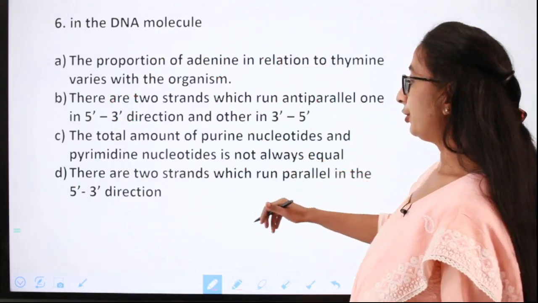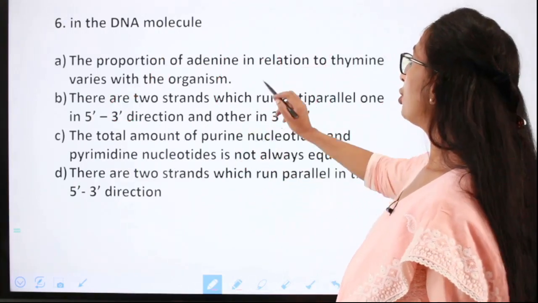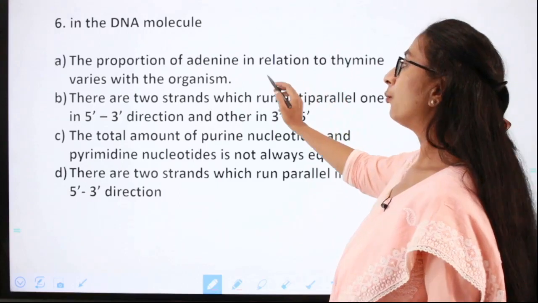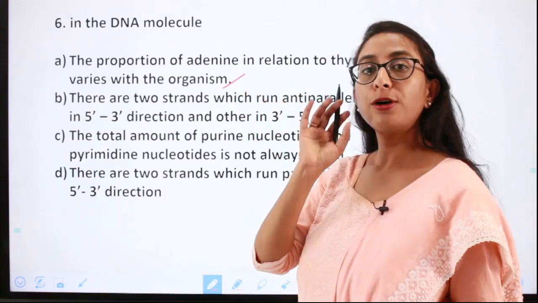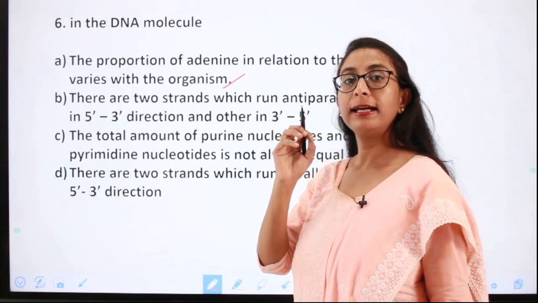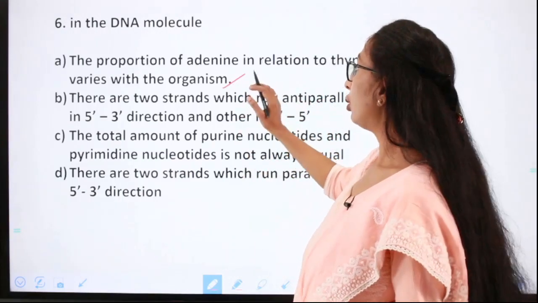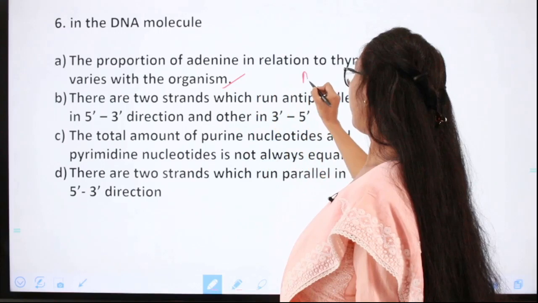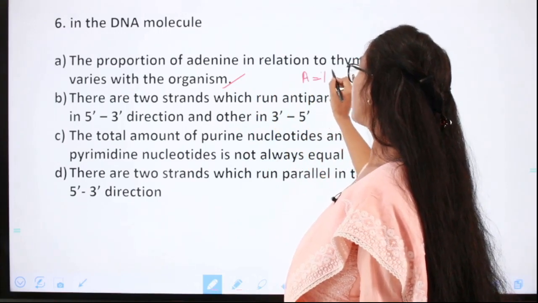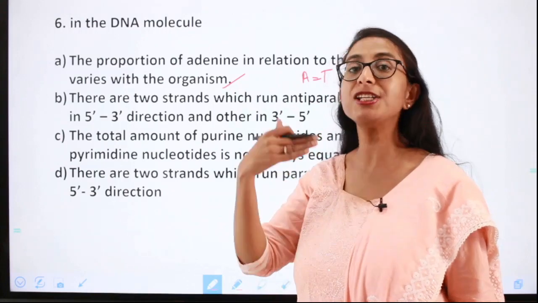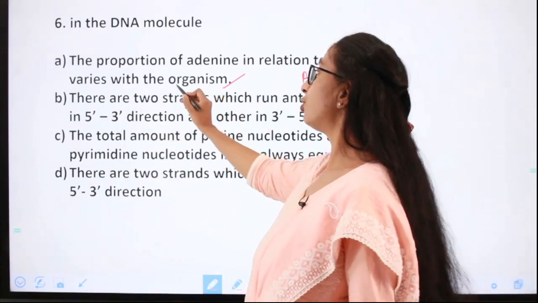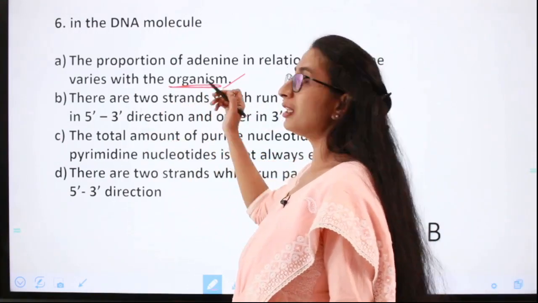In the DNA molecule, the proportion of adenine in relation to thymine varies with the organism? No. See, according to Chargaff's third rule, the A to T ratio is constant for a species. However, it varies from one species to another species. So there is no mention of variation within the organism.